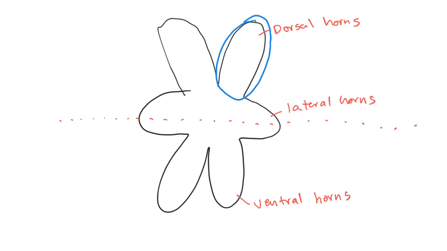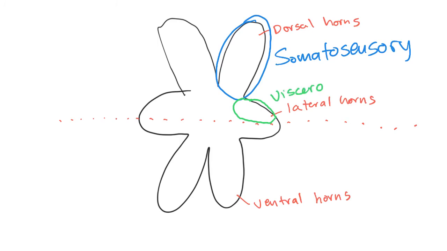So this is somatosensory. Any somatic part of the nervous system which is sensory is going through the dorsal horns. The lateral horns are visceral. If it's still on the dorsal side, then this is viscerosensory.